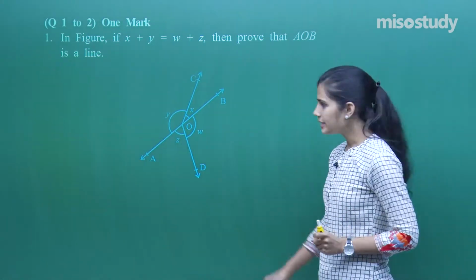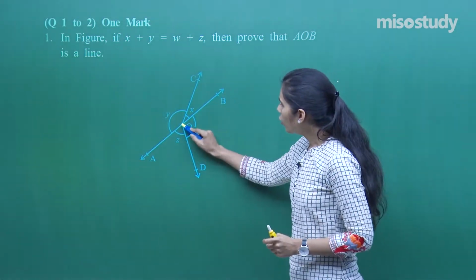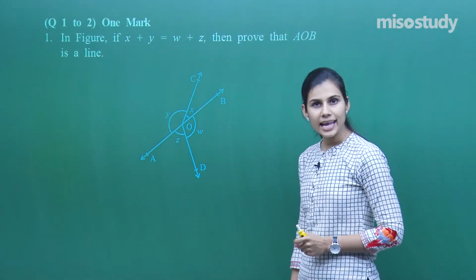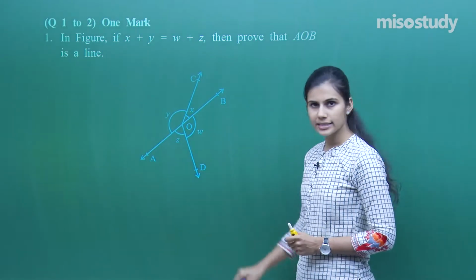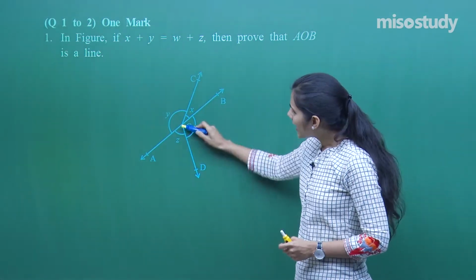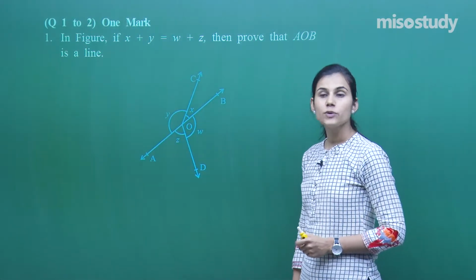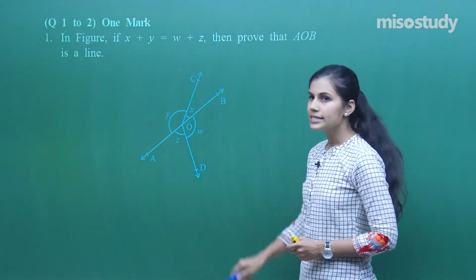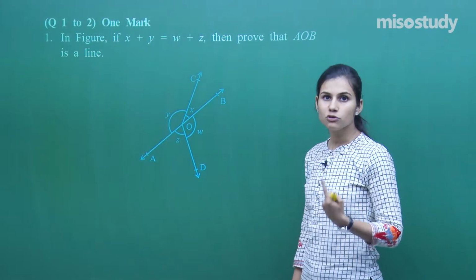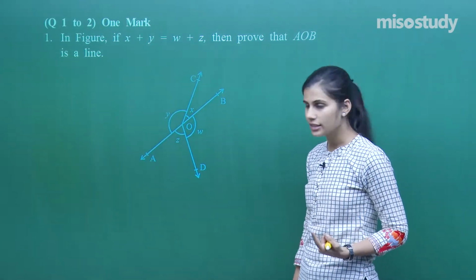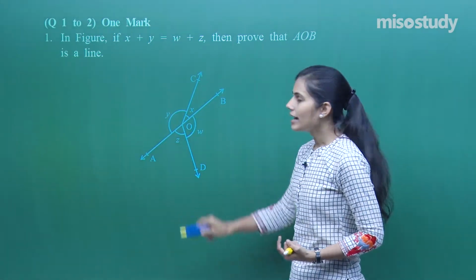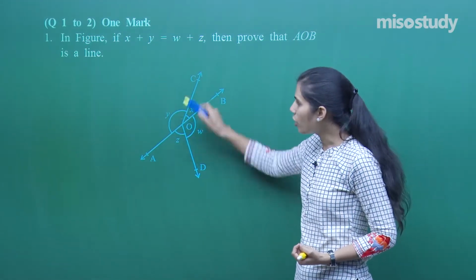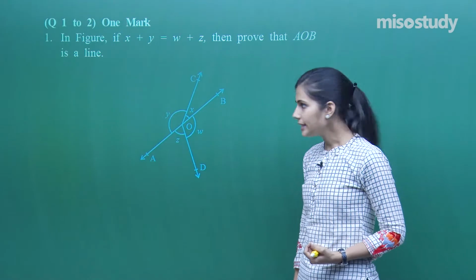If you carefully see AOB, OB and OC are actually rays which are arms of angle x, and OC and OA are rays which are arms of angle y. So when the question is asking you to prove AOB is a line, it is actually asking you to do what? X and y obviously are adjacent angles because they have a common arm, OC ray, right?